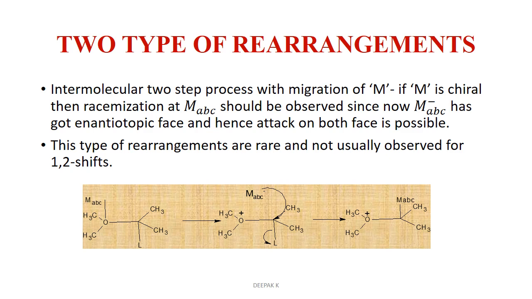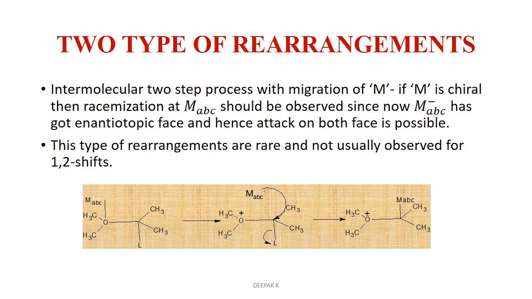If you look at that reaction, here MABC is the migrating group, and it is migrating from O to nitrogen, right? So if it is moving in that direction, what is happening? That O will be having a positive charge where the nucleophile will surely attack, right?